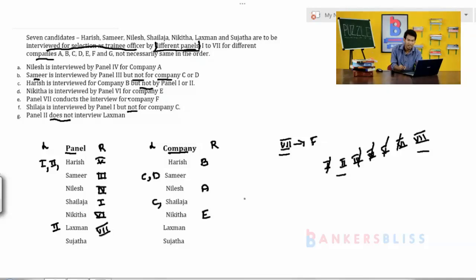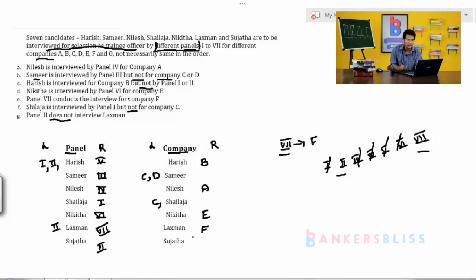And remaining only one, that is second panel. That second panel is interviewed by Miss Sujata. Then this information is clear. After that, seventh panel is interviewed for company F. Here Lakshman is 7 and Lakshman is interviewed by company F.